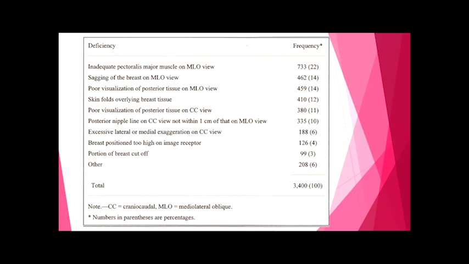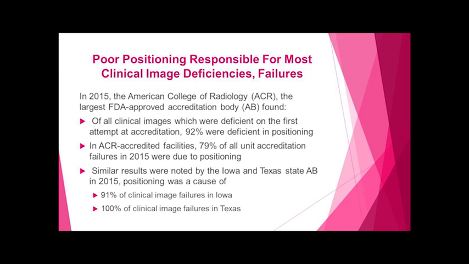And if that can't be overcome, that has to be communicated and documented to the interpreting physician. I used to tell students that I trained, the physician can't interpret what you can't image. So if you give him an inadequate image, then he can't do his job. This is truly a team effort.